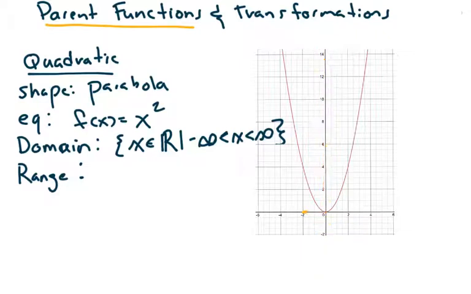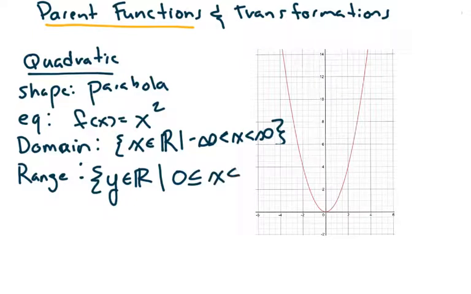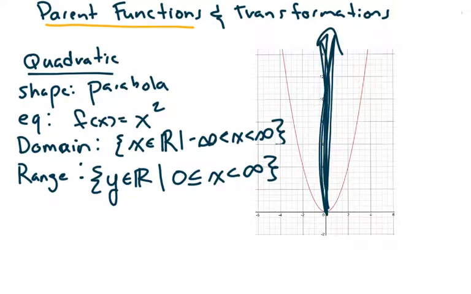So the range for this is y is an element of the real numbers, from 0, and it can equal 0, to positive infinity. So it's all these numbers up here. And that's the range.